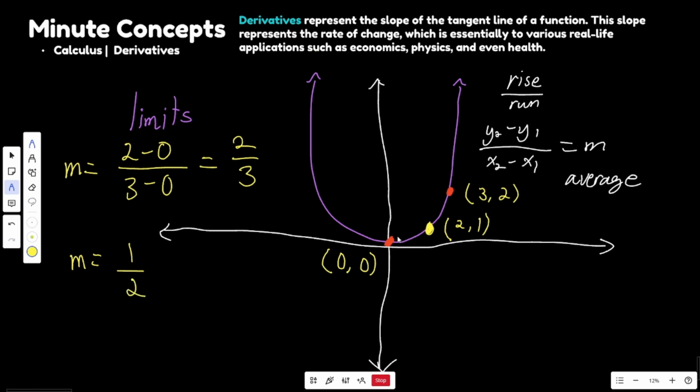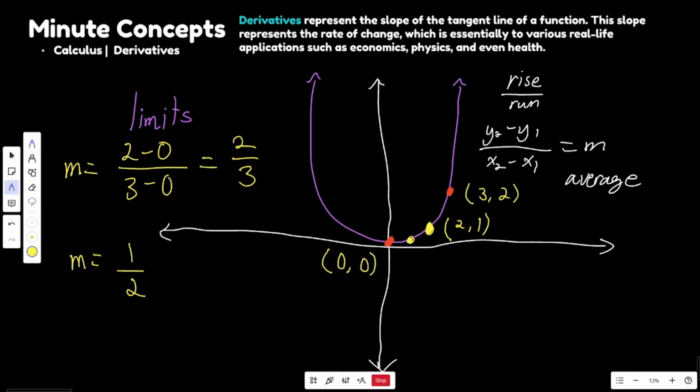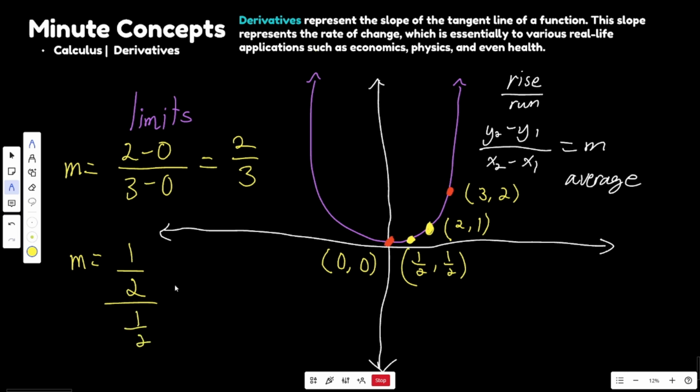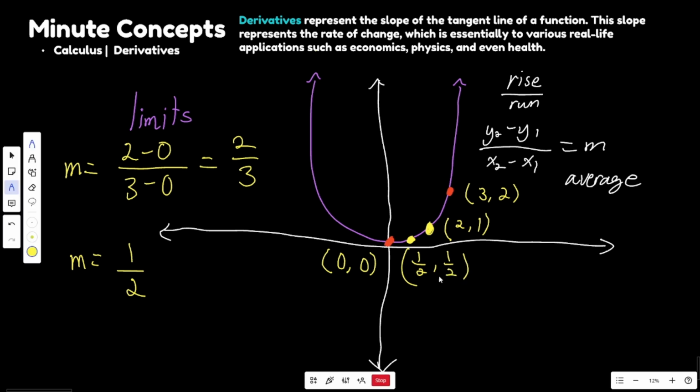Then I want to get even closer. I want to see the rate of change exactly at the origin. So let's get even closer. This becomes, let's say, 1/2 comma 1/2. So that's 1/2 over 1/2, which makes it equal to 1. So our rate of change is now 1. Let me remove this. That's our new rate of change.